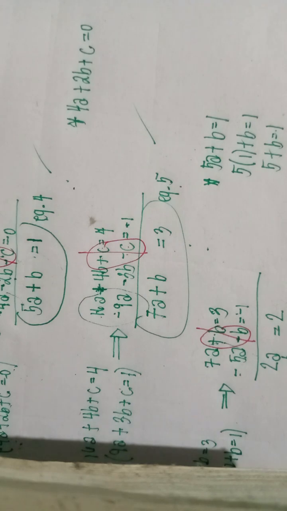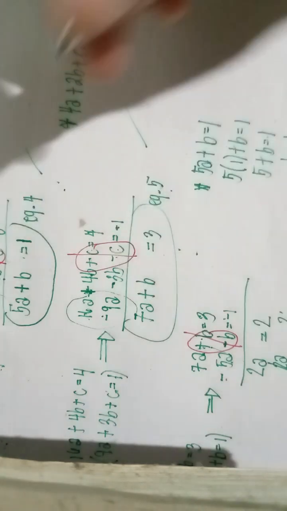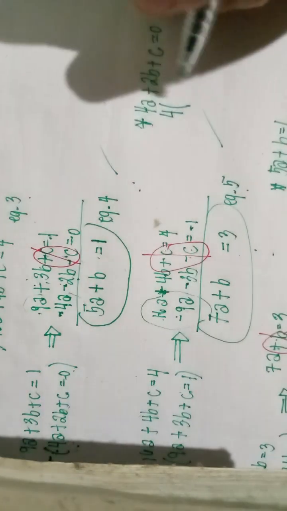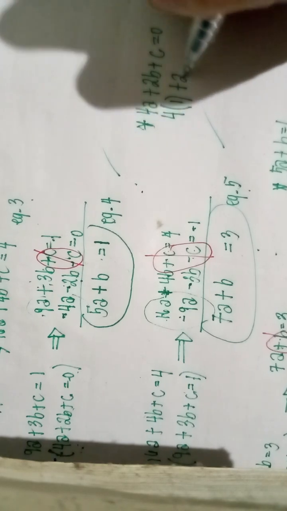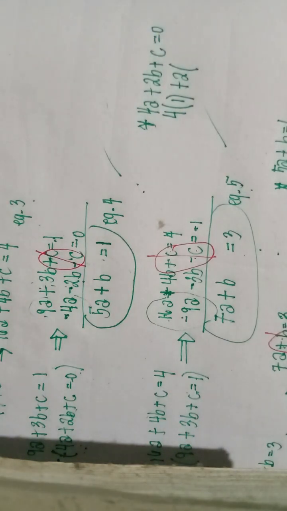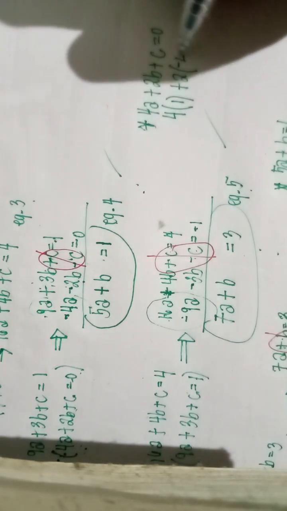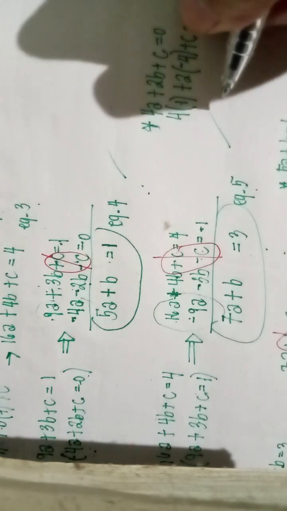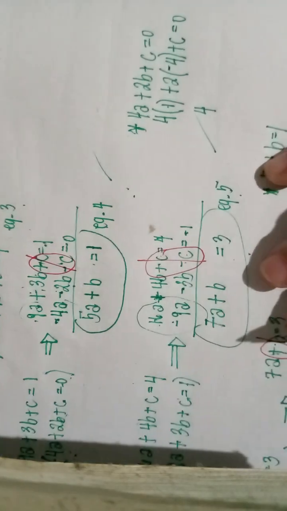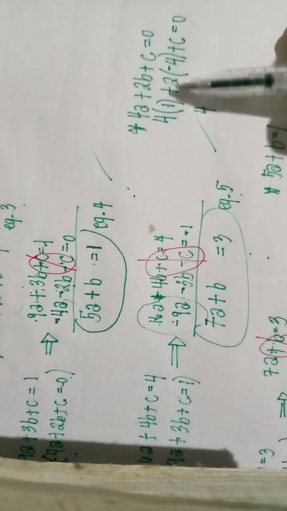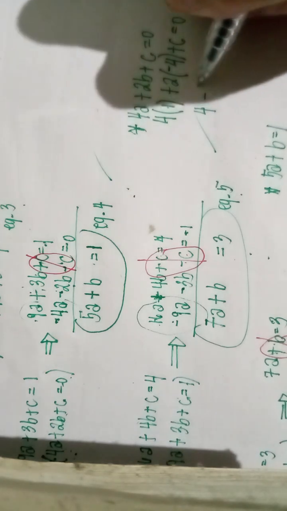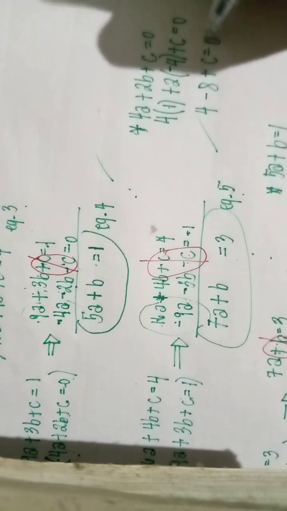So substitute: 4 times the value of a earlier, which is positive 1, plus 2 times the value of b that we solved earlier, which is negative 4, plus c is equal to 0. Simplify 4 times 1 is 4. Next term, 2 values, positive 2 and negative 4. The product is negative 8 plus c is equal to 0.